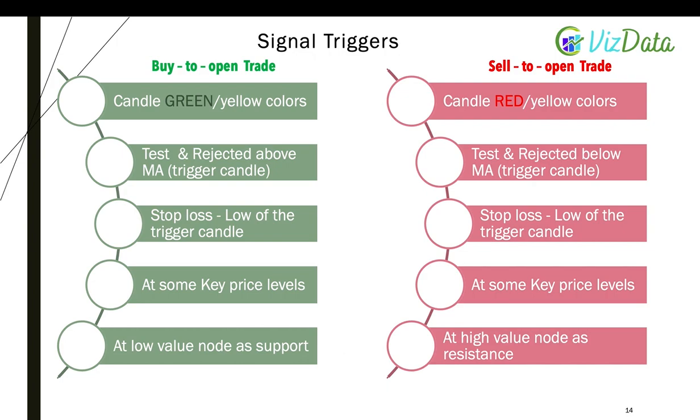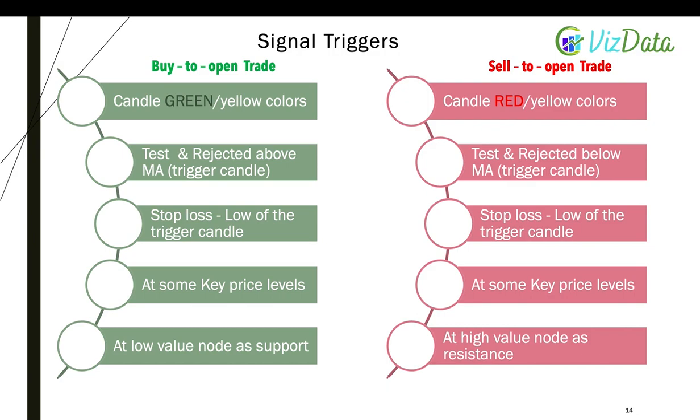The key price levels are nothing but the volume profile's value area high, value area low, and the POC, point of control, or previous day close, or previous day high. Those are all the key levels we are talking about, right? If we have marked those levels down on the chart, then those could be our levels to look for a directional bias and a perfect trade setup, okay?